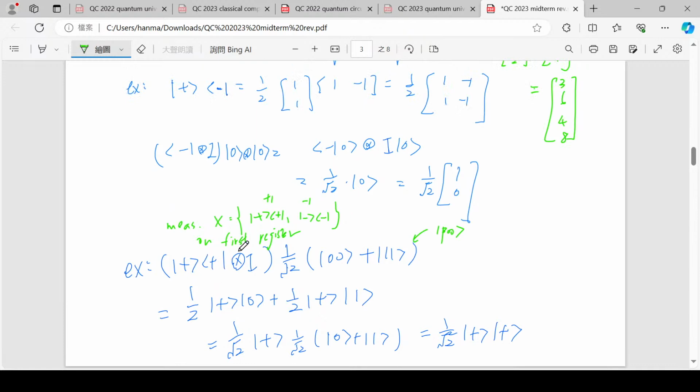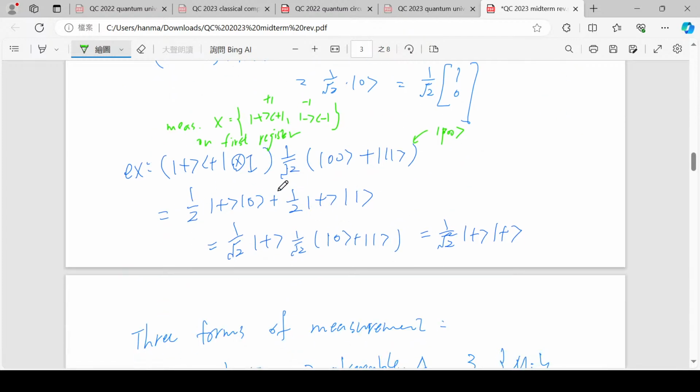So plus, plus on 0 becomes the plus state, and you get 1 over square root 2 from the inner product and 1 over square root 2 from here, so 1 over 2, and the identity on 0 becomes 0. Similarly, plus on 1 is also 1 over square root 2, and they also become plus, and the second register stays 1.